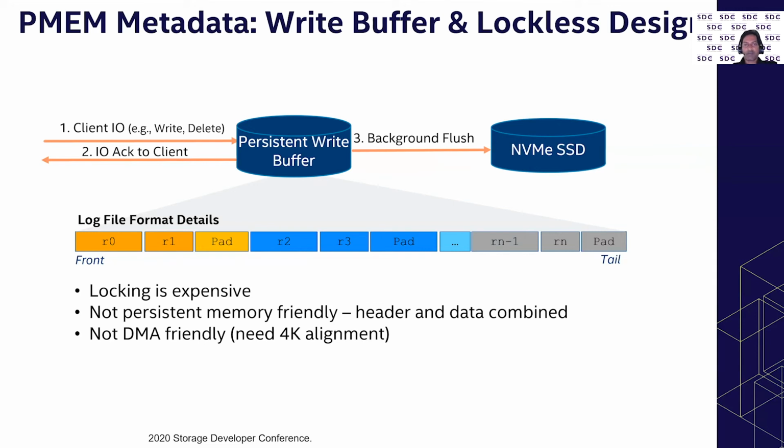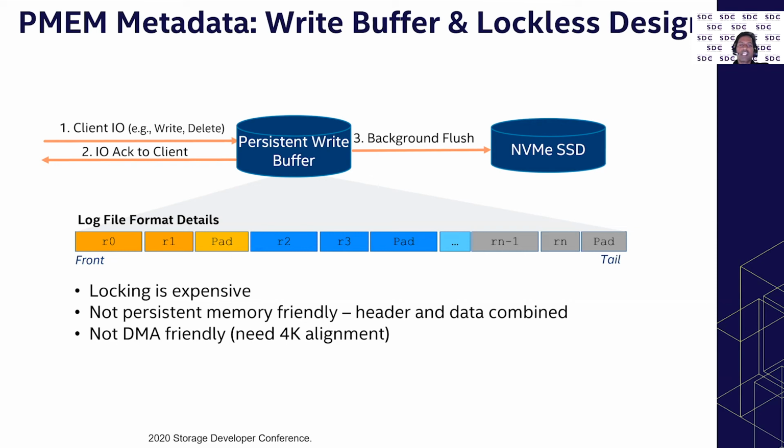And it's not persistent memory friendly, primarily because you need to be able to allocate the write buffers that are 4K aligned at runtime, and I need to take those write buffers and do a DMA directly to NVMe SSDs.